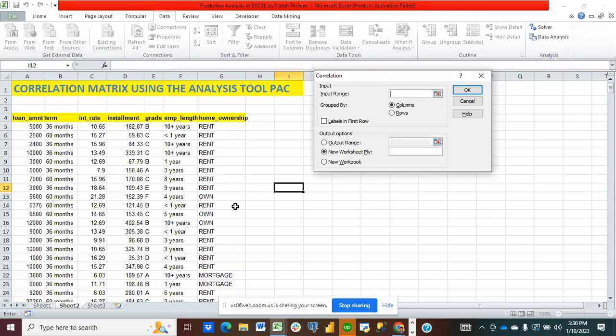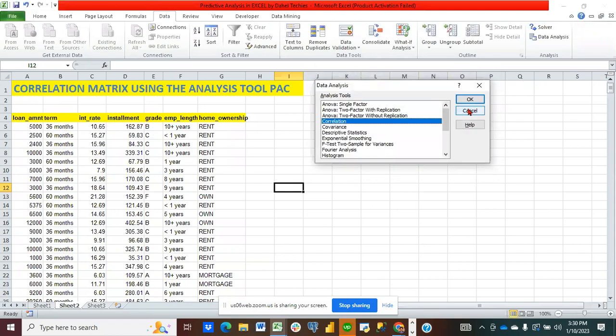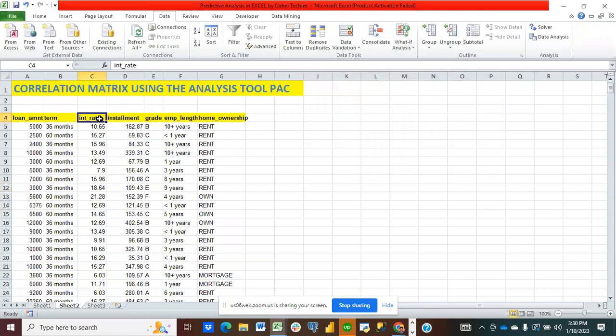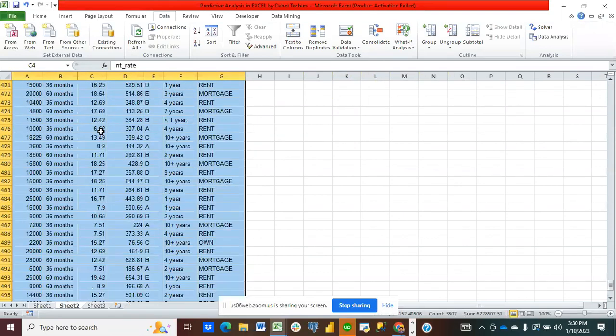So for us to do that, I'm going to cancel this because remember when I told you as a data analyst, you must learn how to work on a table.